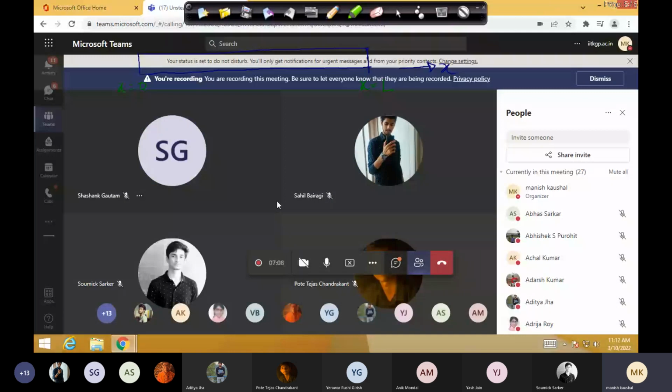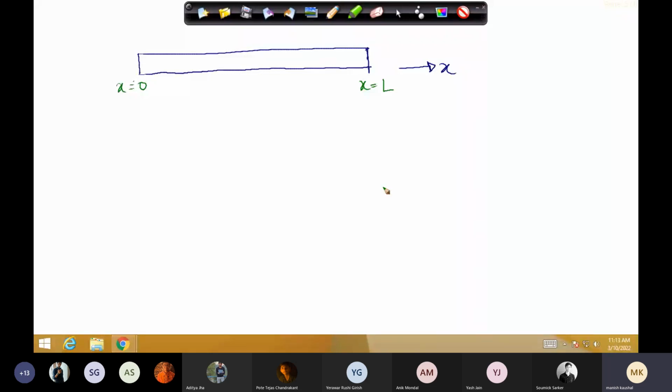Yeah, so Aditya, any idea when we can say this L is infinity? I am sure you have an idea. The hint is: under what time regime can we assume that L is practically infinity? Sahil, any idea?